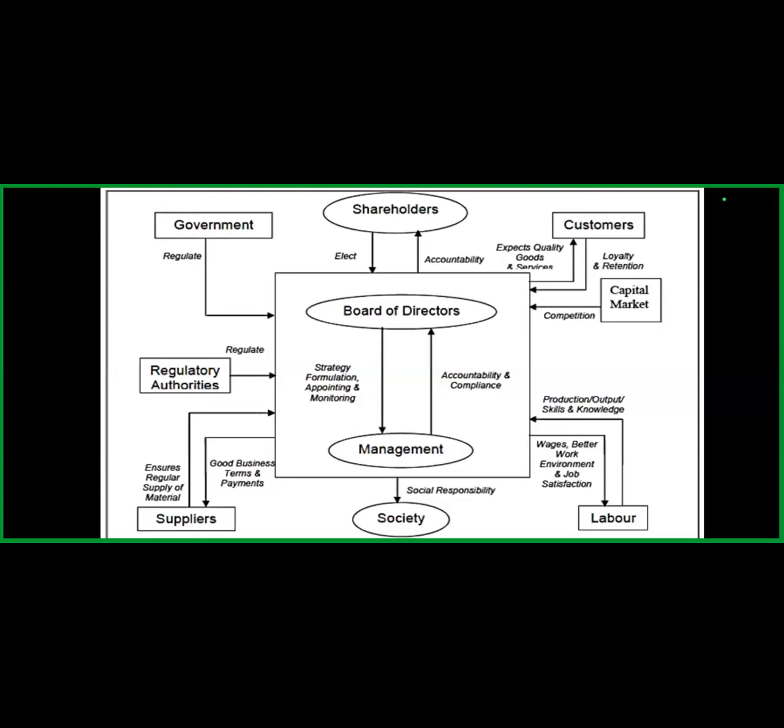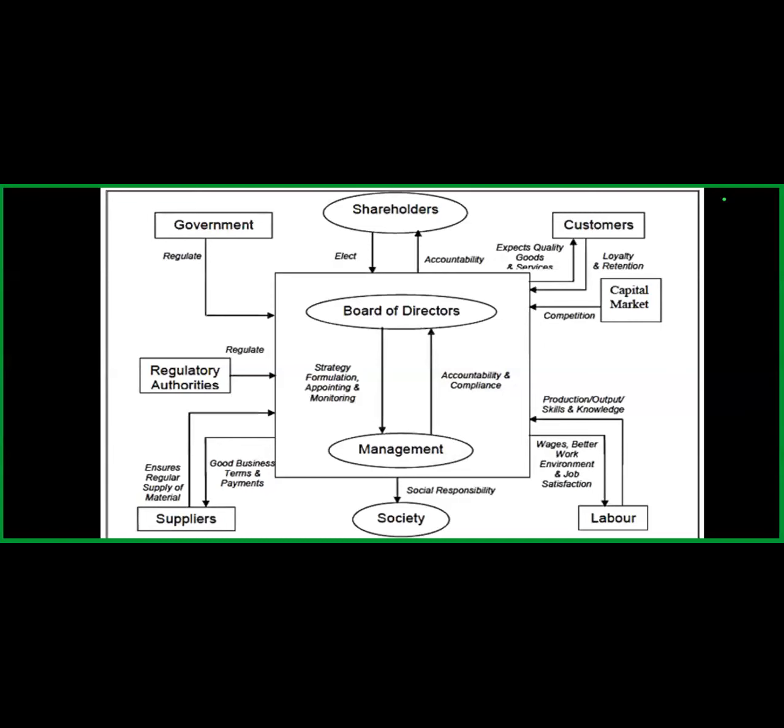The board of directors will observe and control the management of the organization. Strategy formulation, appointing and monitoring is the role to be performed by the board of directors.